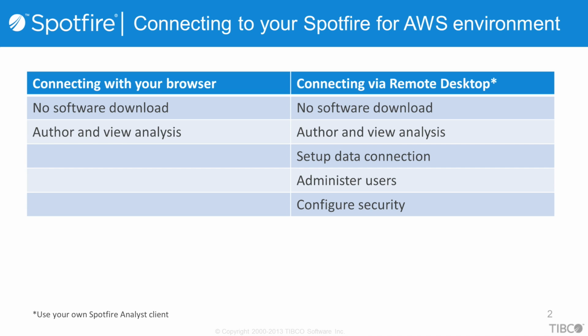If you choose to connect with the remote desktop, you'll be able to do the same, but you'll also be able to set up new data connections to be shared, administer other users, configure security, and other backend services via remote desktop. It's also good to note that if you're already a Spotfire customer, you can connect your analyst client directly to this environment, just simply by pointing to the image on the Amazon Web Services Cloud.